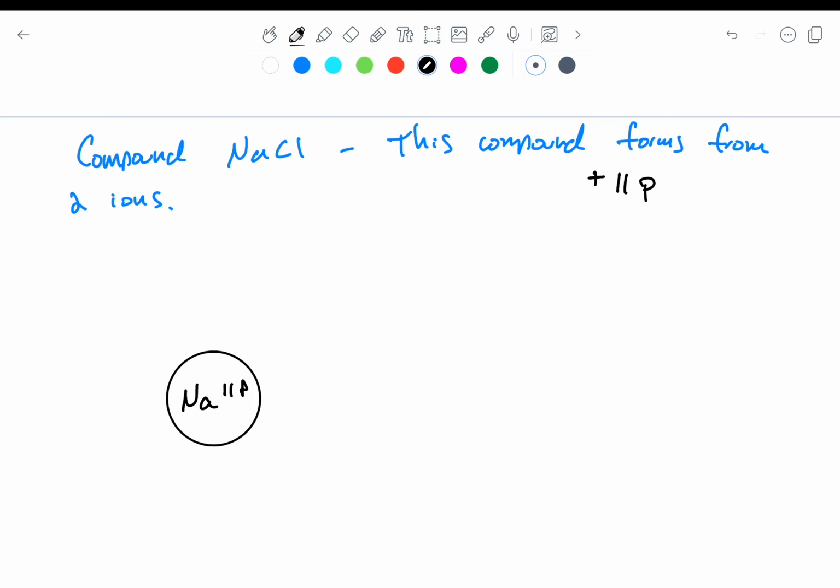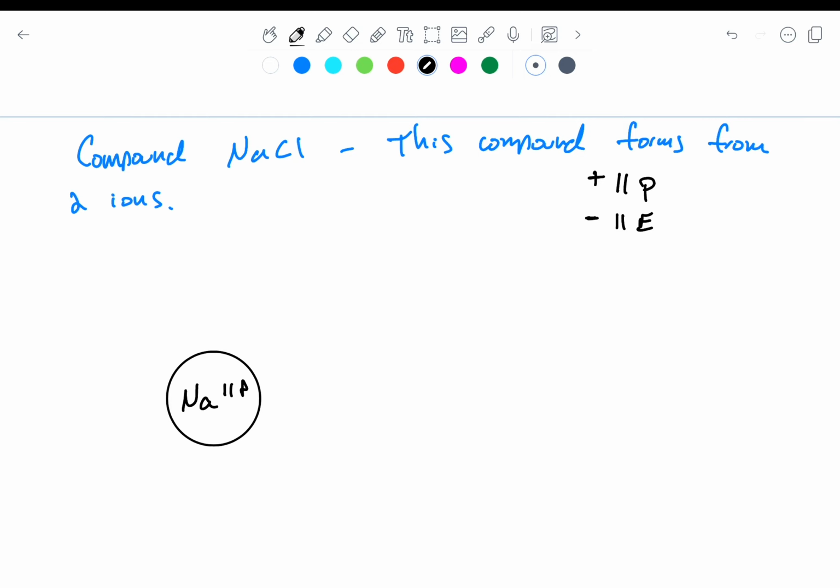Okay, now let's go ahead and remember, based on what you know about protons and electrons, we know that sodium also has 11 electrons, and those electrons are negative.